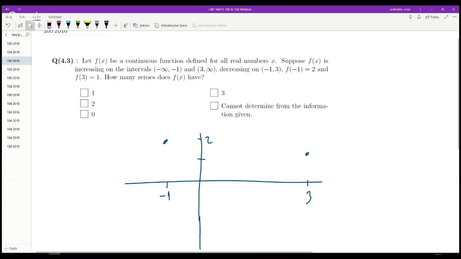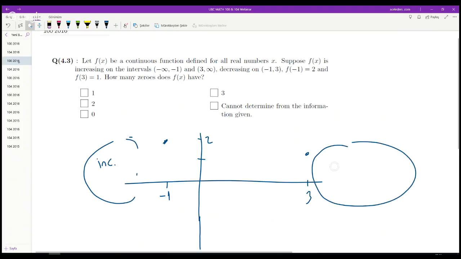So what we need to know is how many zeros does f(x) have? And we also know that from negative infinity till minus 1, here the function is increasing. And on this region, the function is decreasing.